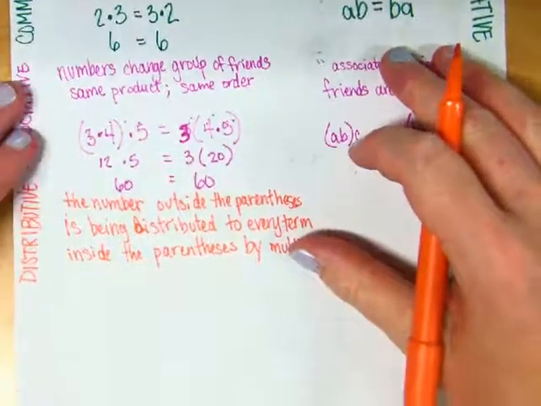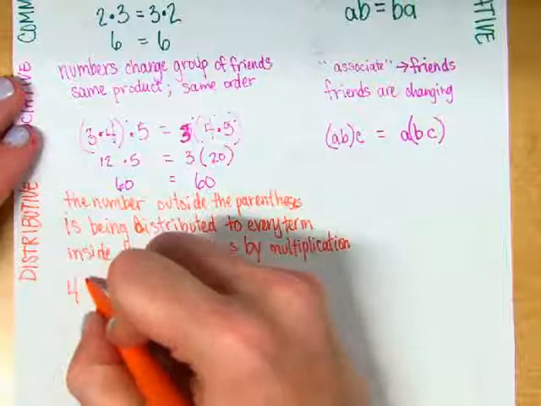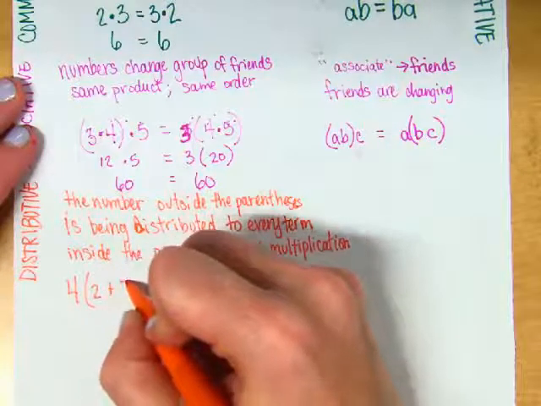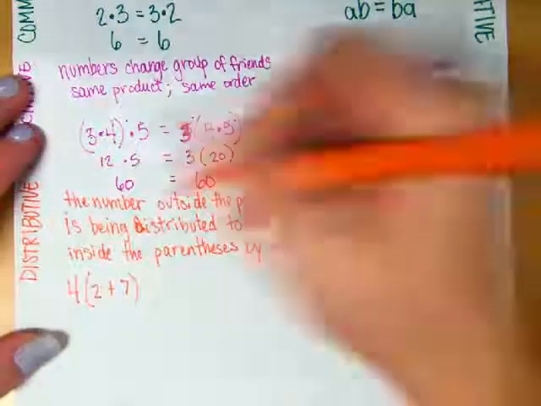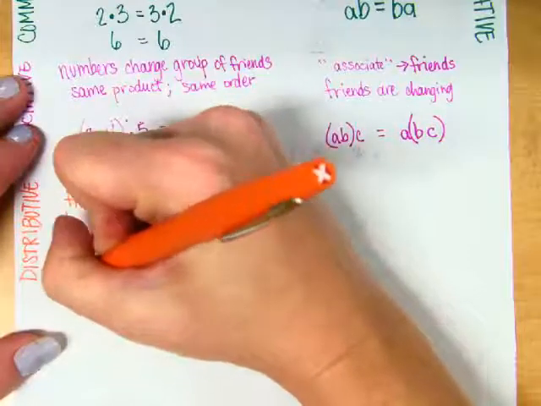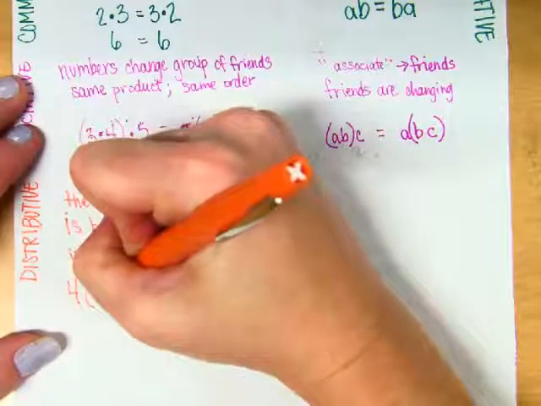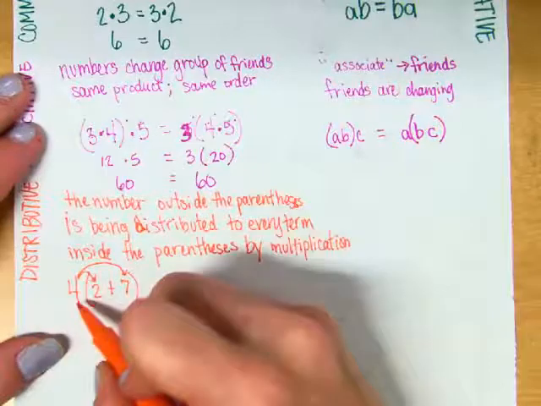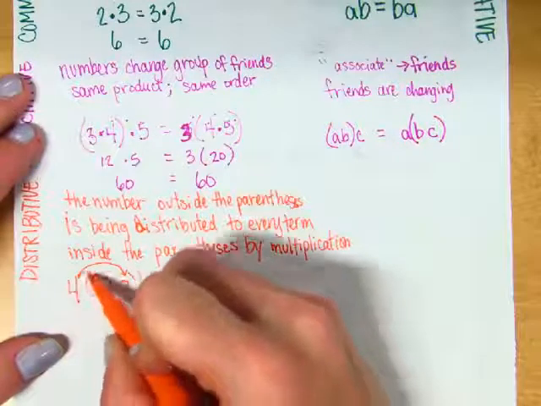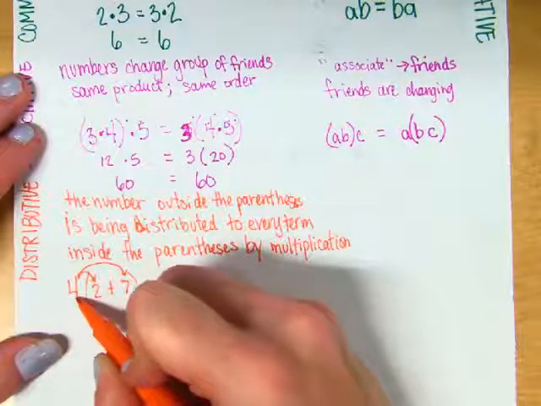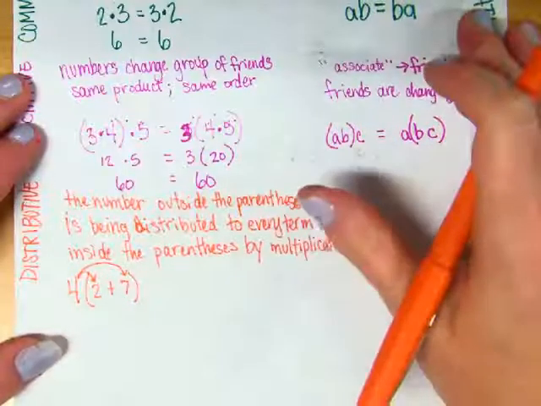So what that would look like, if I had 4 parentheses 2 plus 7. Some of you have called this shooting stars. I take the number that's outside the parentheses because for any number directly beside a parentheses, it means 4 times whatever is inside that parentheses.